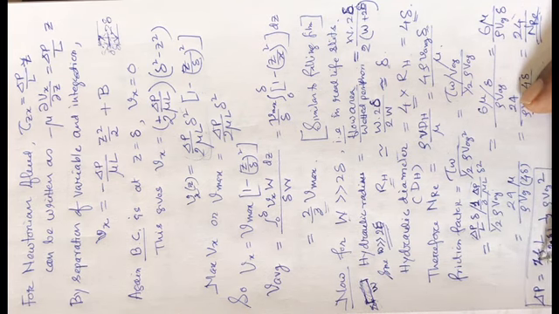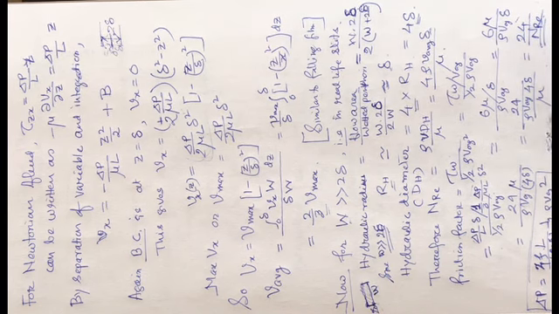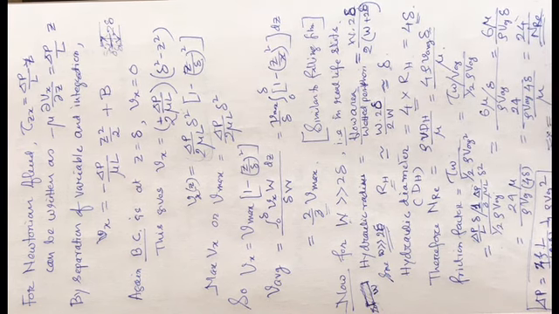You can write 4 FL by hydraulic diameter into half of this kinetic energy term. So this way you can calculate the pressure drop during the flow of a Newtonian fluid in a slit.